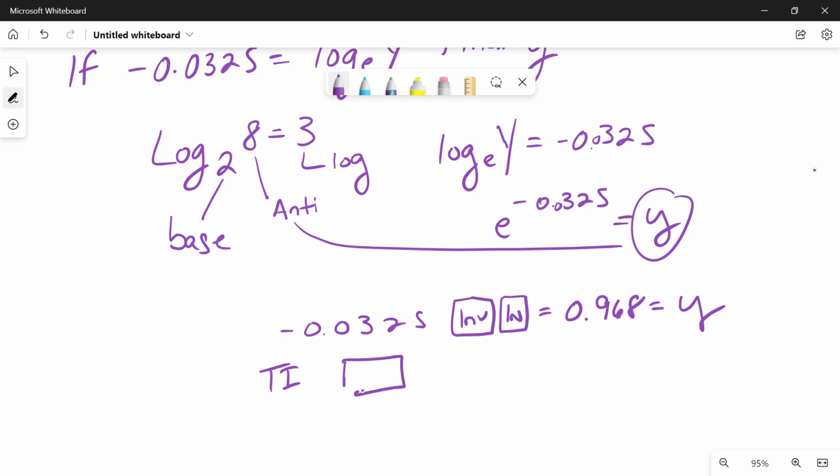You'd hit second, then log natural, enter negative 0.0325, hit enter, and it would spit out 0.968. Okay?